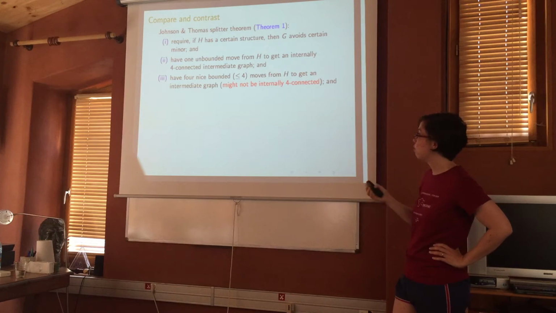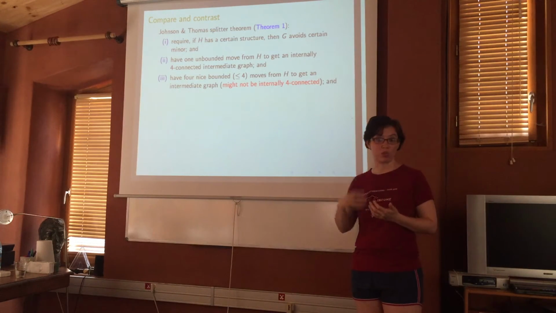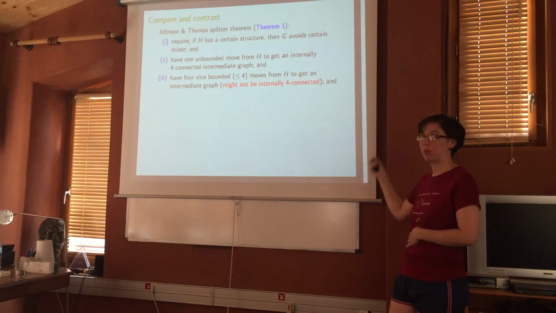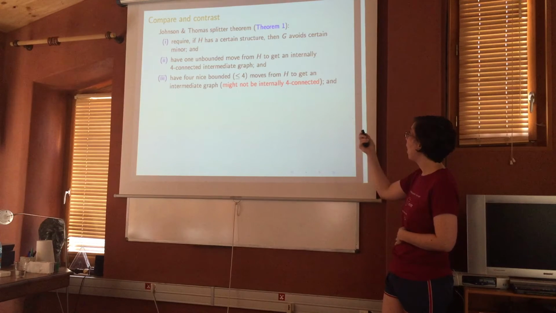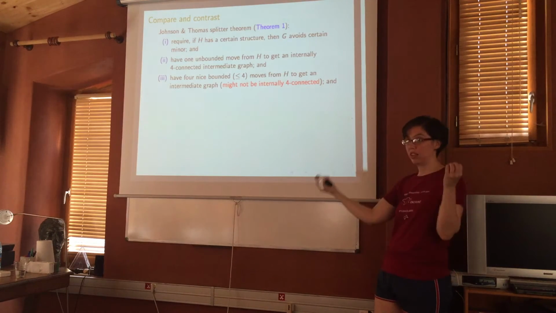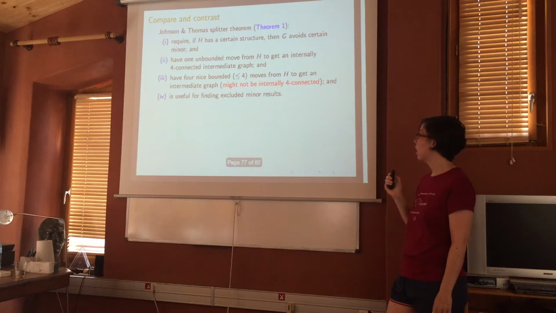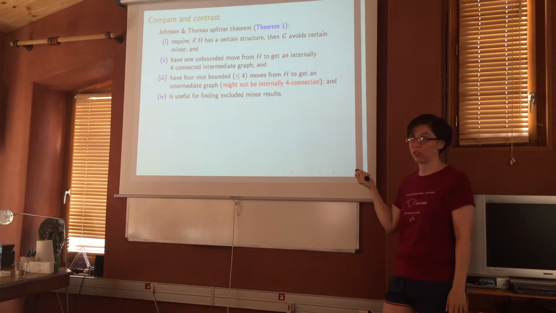They have 4 nice bounded moves, and by bounded I mean size at most 4, to move from H to an intermediate graph, but it might not be internally four-connected. And particularly in the M contraction, that's not necessarily going to be internally four-connected. And it's useful for finding excluded minor results.